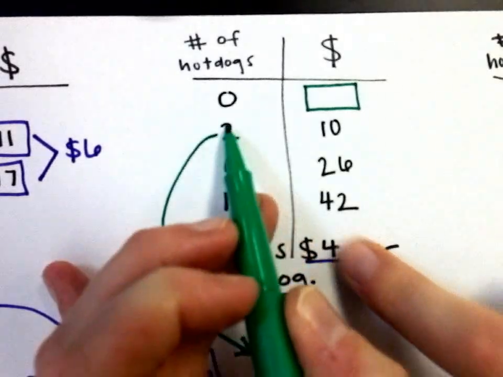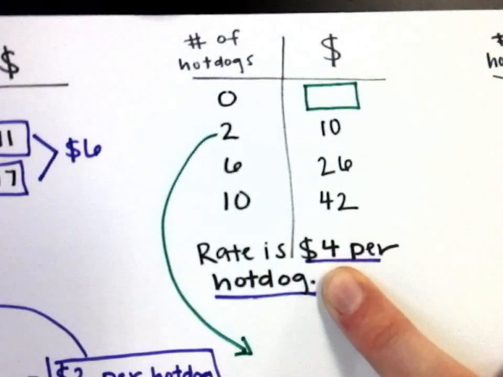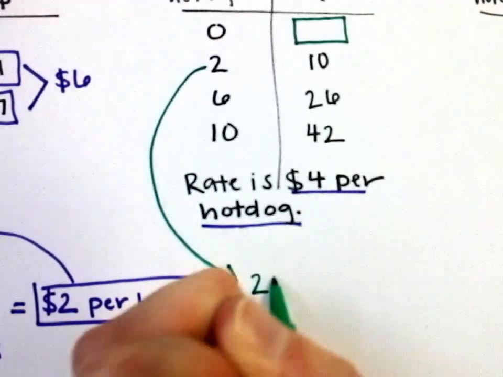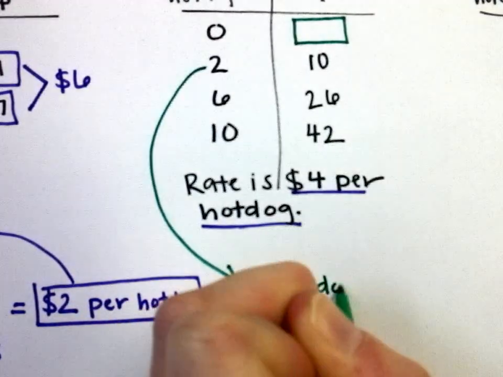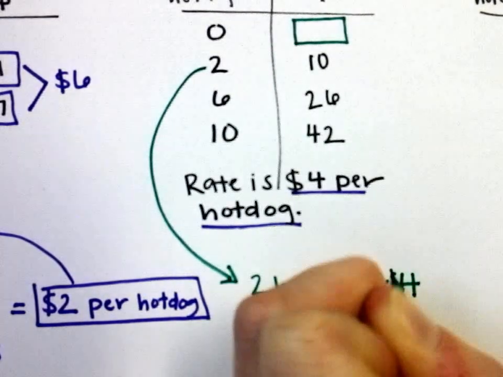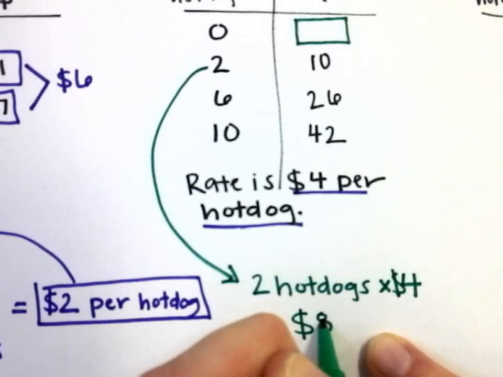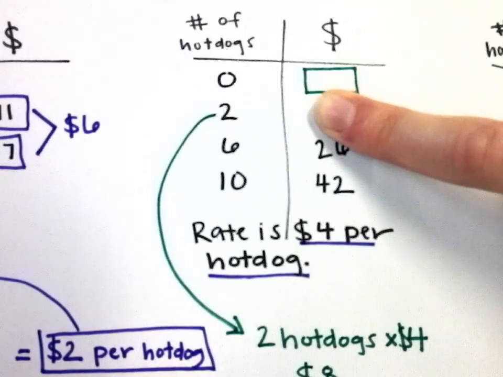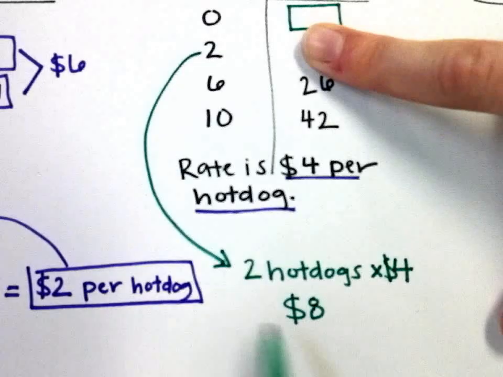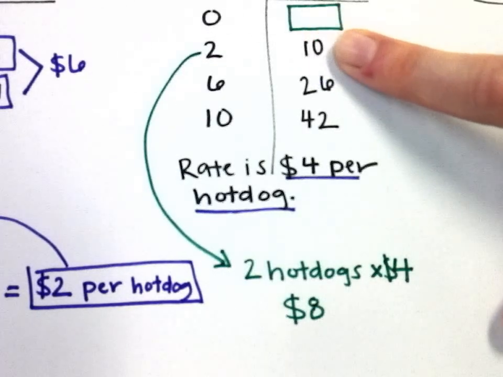And I'm going to say, okay, well, I sell 2 hot dogs at my rate, which is $4 per hot dog. 2 hot dogs times $4 per hot dog is $8, right? I'm expecting that the amount of money I've made from 2 hot dogs is $8. But the amount on my table is different.